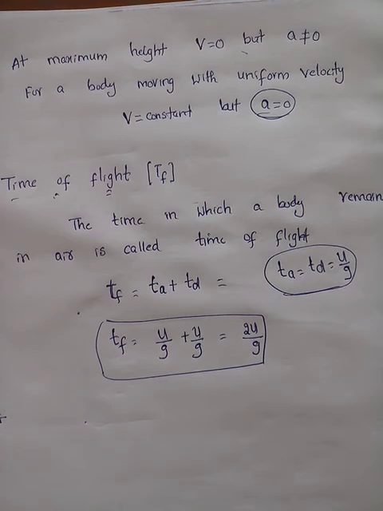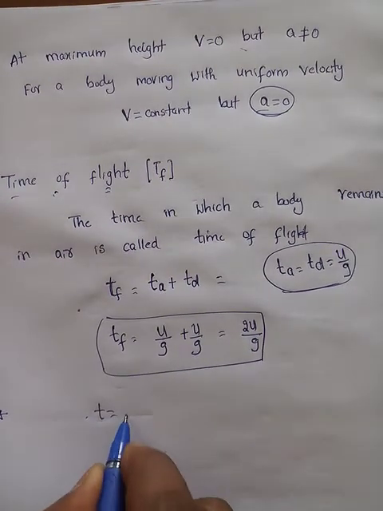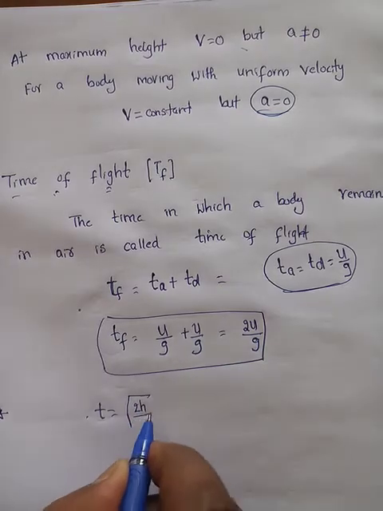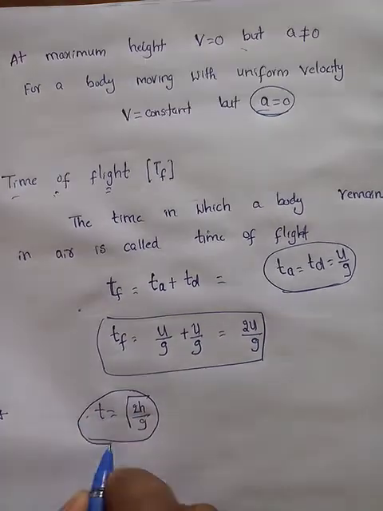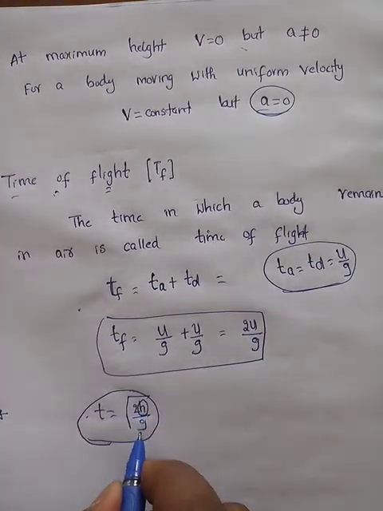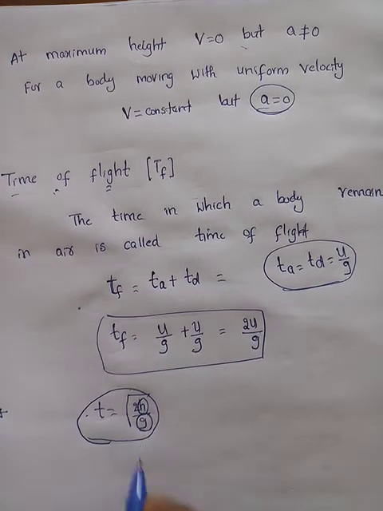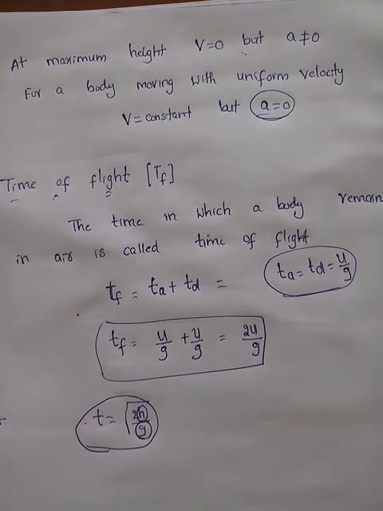Why? Time taken is u by g or v by g or root of 2h by g, right? The time of descent formula is root of 2h by g. Both are dropped from the same height, and on all bodies acceleration due to gravity remains the same.